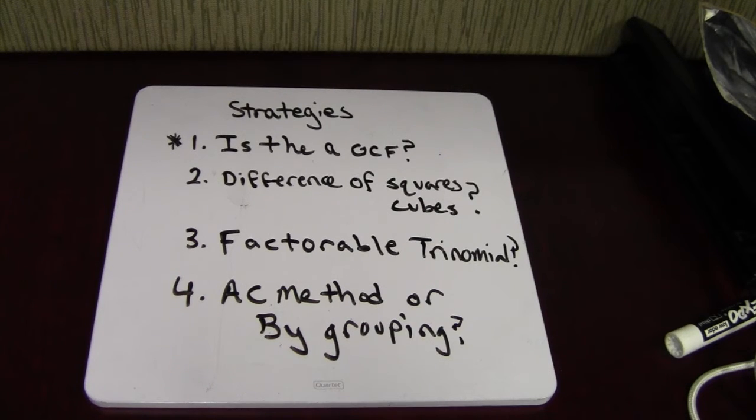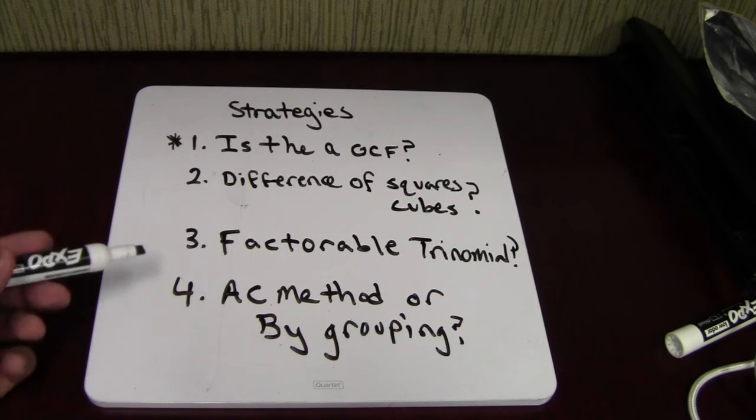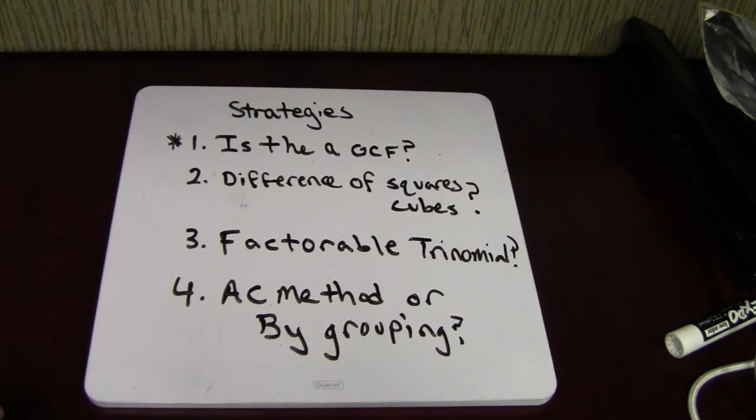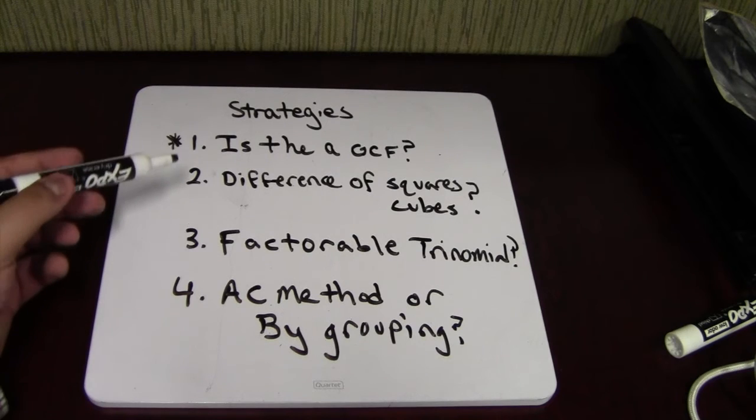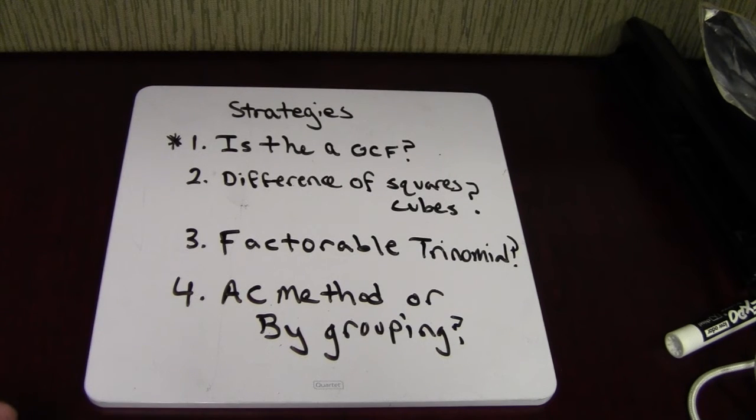We need to check whether there are two numbers that multiply to give the last term and add to give the middle term. We also need to see, can we use the AC method? Can we do factoring by grouping? We need to check all of these things. And when we finally say no to all of them, then it's completely factored.